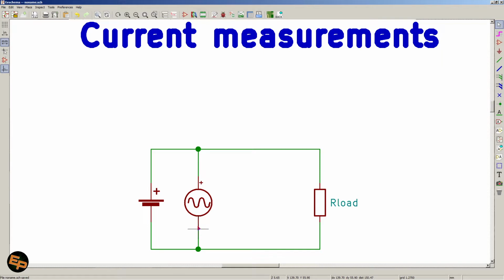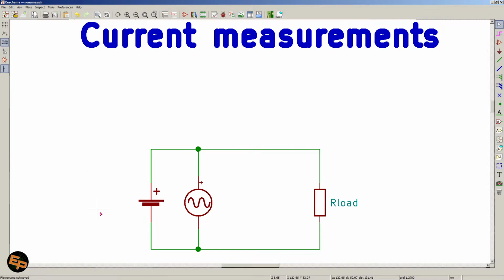Anyway, we have a voltage source, and in its simplest form we have a load which we can symbolize by just a resistor, and of course two wires that allow the electricity to flow from the voltage source to the load.